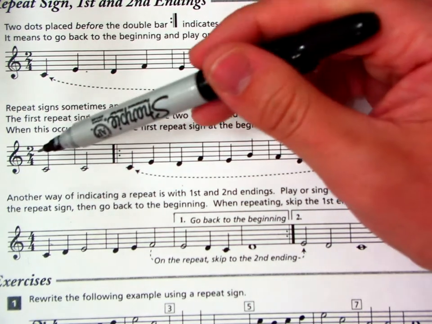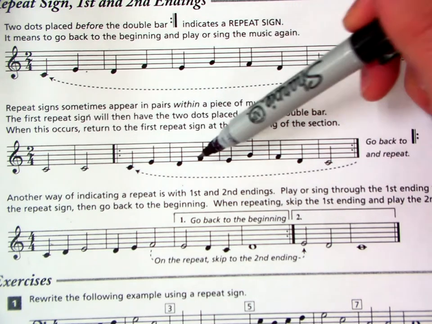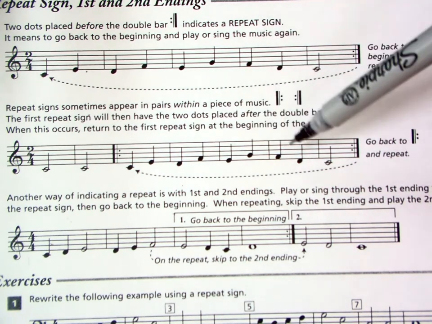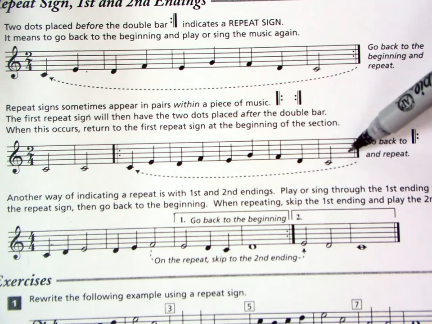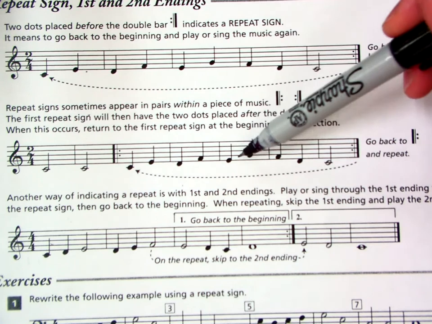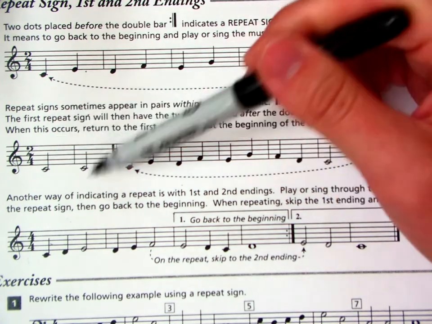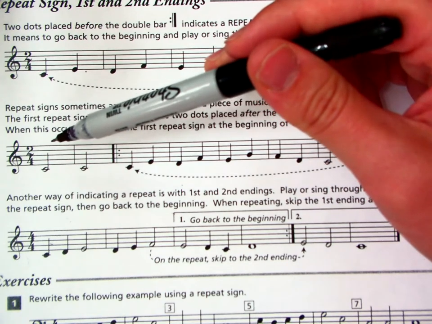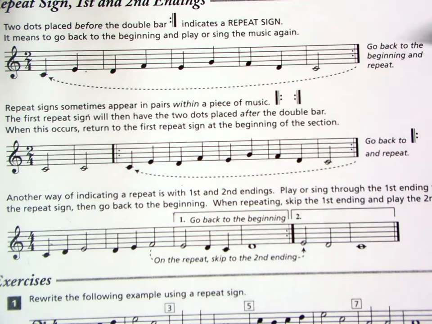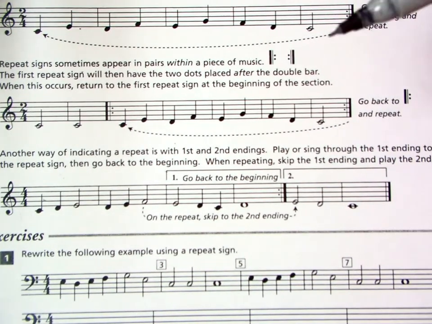So if I were performing this piece, I'd go measure 1, measure 2, 3, 4, 5, 6, 7, then repeat here again, so measure 3, 4, 5, 6, 7. Alright, just so we're clear, we would only play these two measures the very first time we would perform this music.